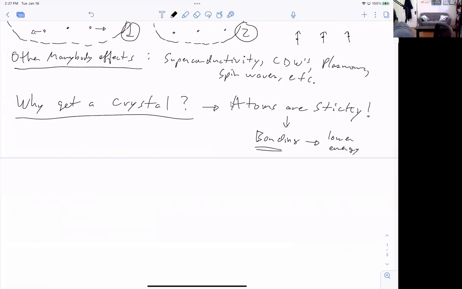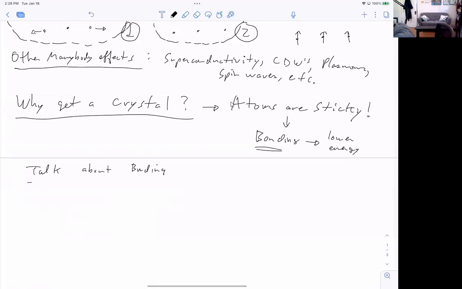So in order to understand solid state physics, it's useful to think a little bit about bonding. Why atoms stick together, because this is sort of fundamental. This is like why we have crystals at all. And it helps to understand crystals, I think, to understand bonding. So let's talk about bonding.